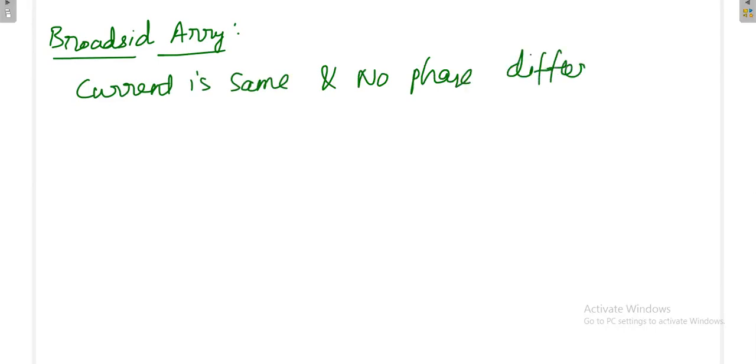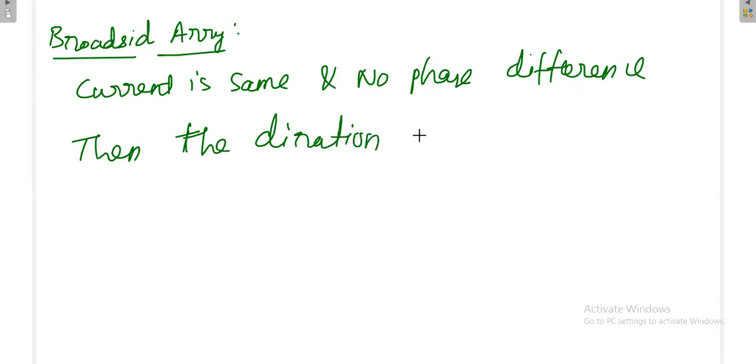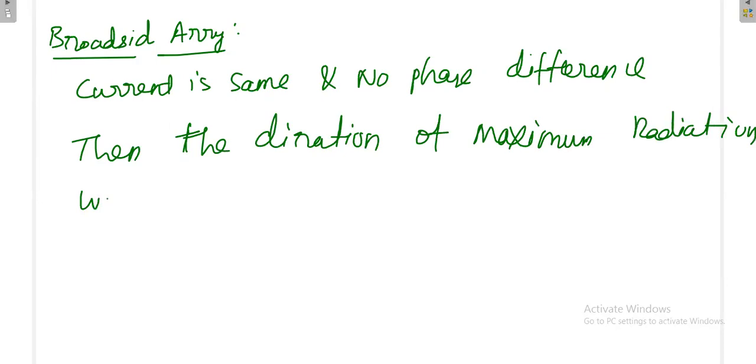If current is same and no phase difference, then the direction of maximum radiation will be perpendicular to the array axis.